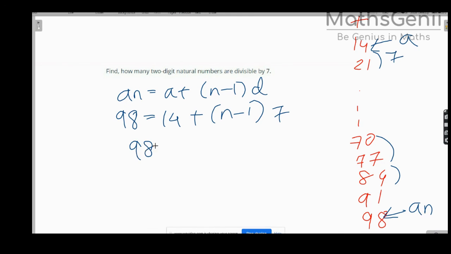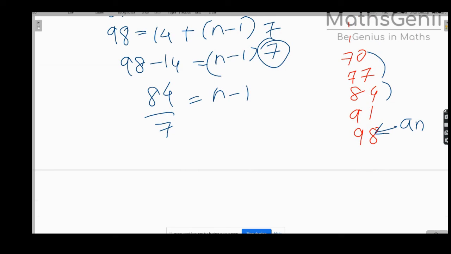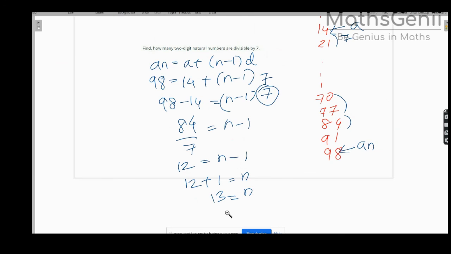So 98 minus 14 is equal to n minus 1 times 7. 98 minus 14 is 84. This multiplication becomes division here. 84 divided by 7 gives me 12. And minus 1 goes this side, becomes plus 1. So there are 13 two-digit numbers that are divisible by 7.